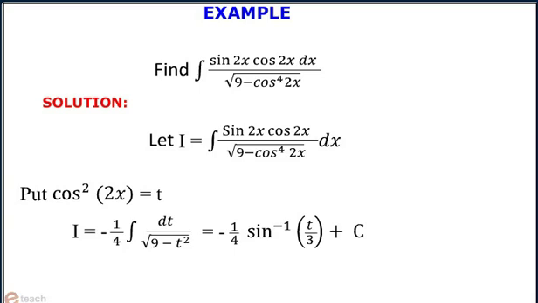So on integration, we get minus 1 by 4 sin inverse t by 3 plus c. Then putting the value of t, we get the final result as minus 1 by 4 sin inverse 1 by 3 cos square 2x plus c.